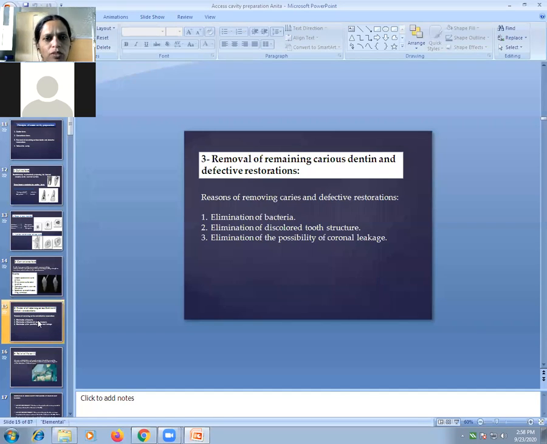Yes, ma'am. Okay. So last time we started with the access cavity preparation, and in that we have seen that for cavity preparation there are some principles. Similarly, for access cavity preparation, there are some principles. What is access cavity preparation? It is the first step of the root canal treatment to get access to the pulp chamber.